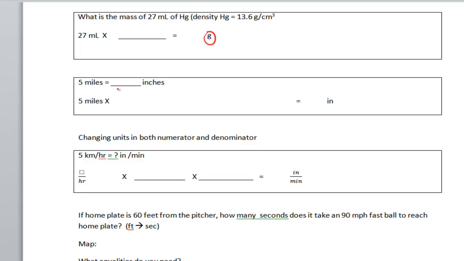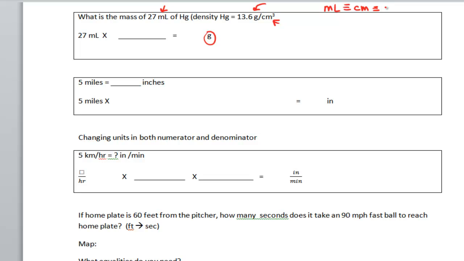So we know that we need to get this in grams, and if you'll notice, we've got the density of mercury, which says 13.6 grams. But we need to be canceling out milliliters. Well, can cubic centimeters cancel out milliliters? It doesn't look like it, but actually you should realize that a milliliter is equal and identical to a cubic centimeter.